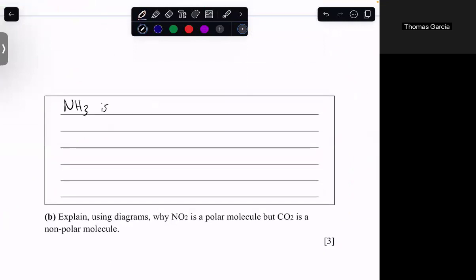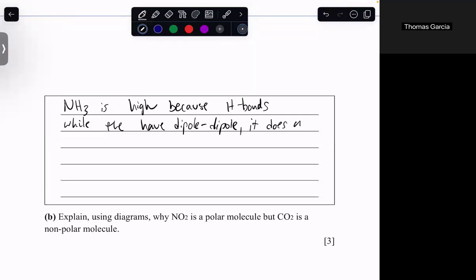NH3 is high because of hydrogen bonds. In addition to hydrogen bonds, while they have dipole-dipole, it does not affect trend.